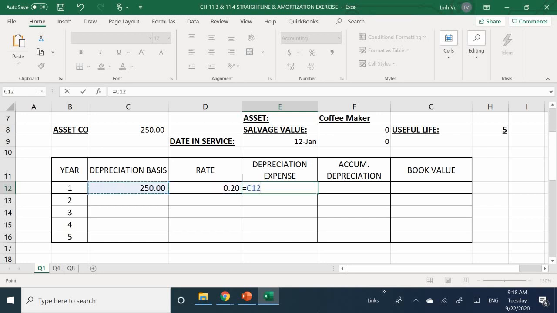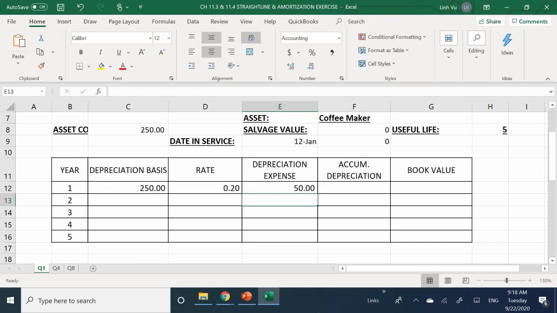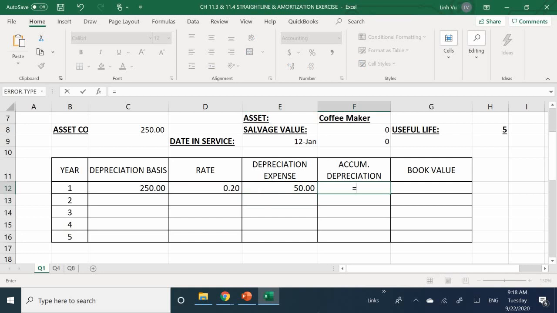The depreciation basis is 250. Are you talking about the depreciation expense? Depreciation expense, $50. We multiply the 250 by the 20%, or 0.2 in this case, and we get $50. So what is my accumulated depreciation for the first year? 50.